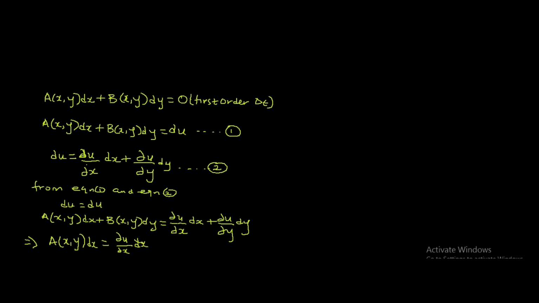So the dx cancels dx and we'll be left with A(x, y) equals ∂u/∂x. So let's take note of this.